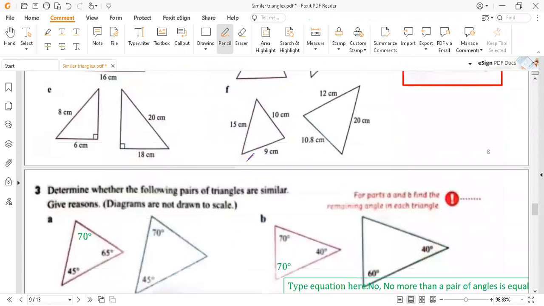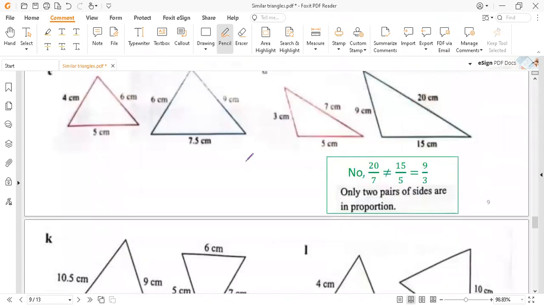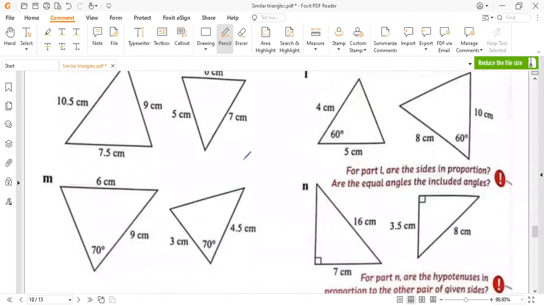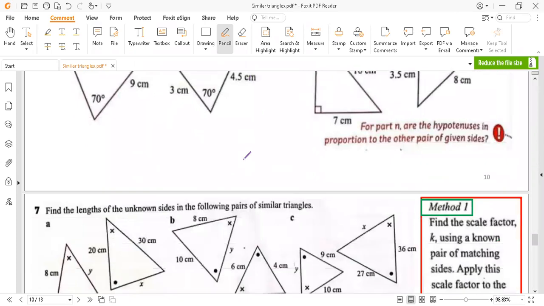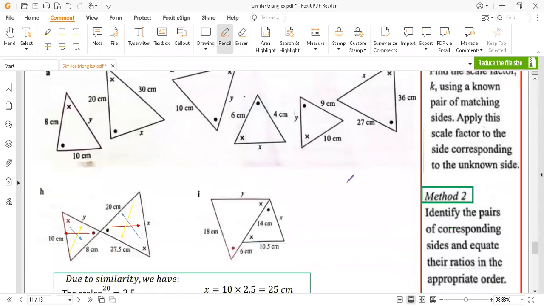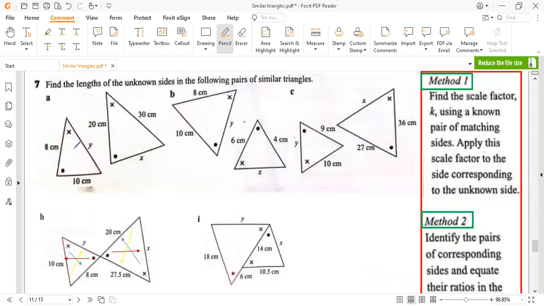Okay, all these exercises are to assess what you have already understood from the explanation of this lecture. And you should know that it is very easy, if we have two similar triangles, to find some unknowns, especially sides.